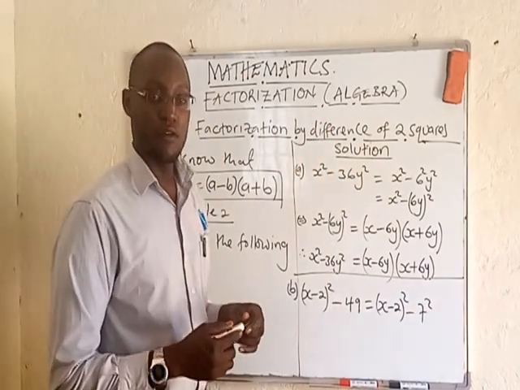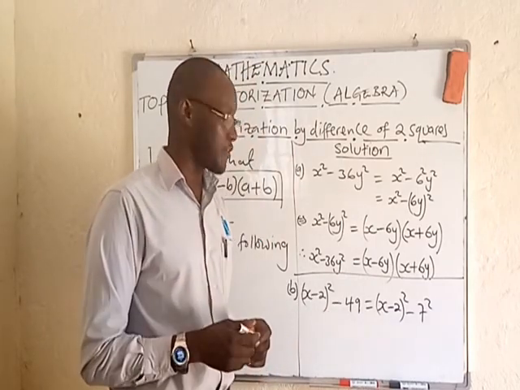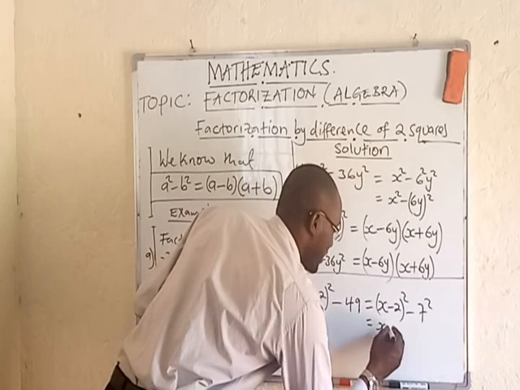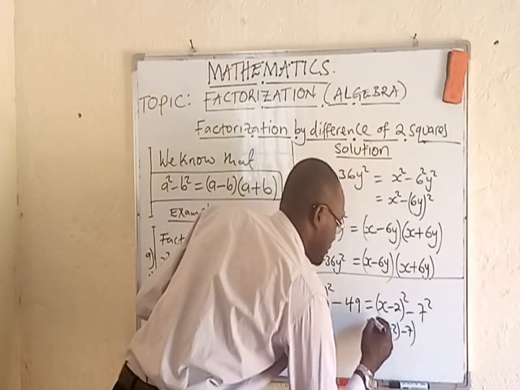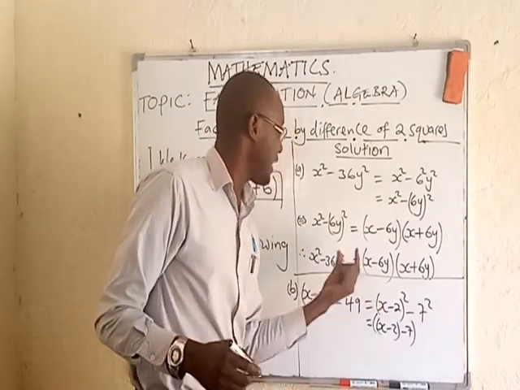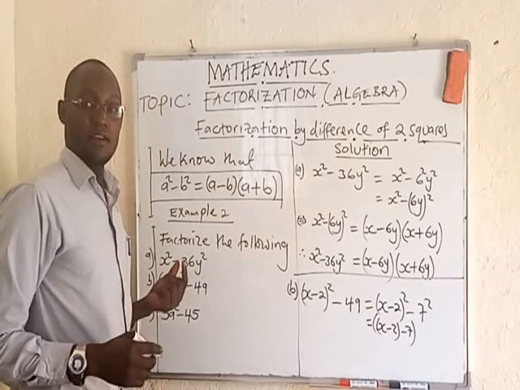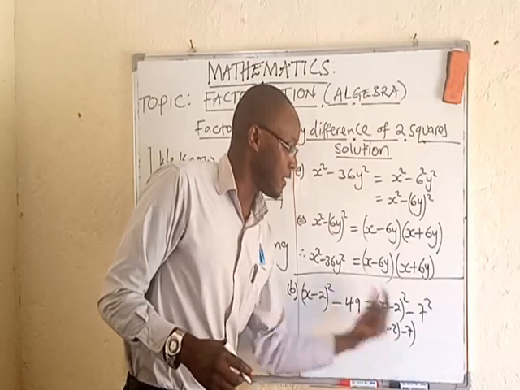Wonderful, wonderful. So this now can be simplified in form of a difference of two squares. How? This is a minus b, okay, that is the first bracket. Have you seen? I'm treating x minus 2 as a, and I'm treating 7 as b. So a minus b, so the whole x minus 2, then minus 7.